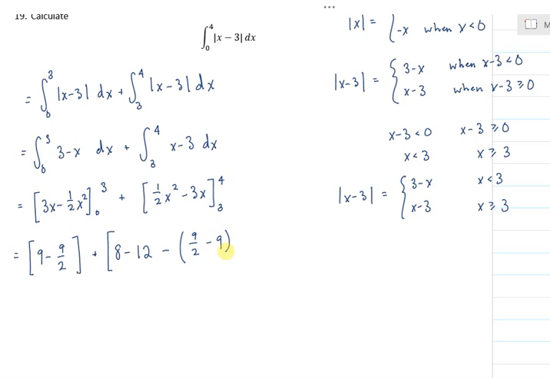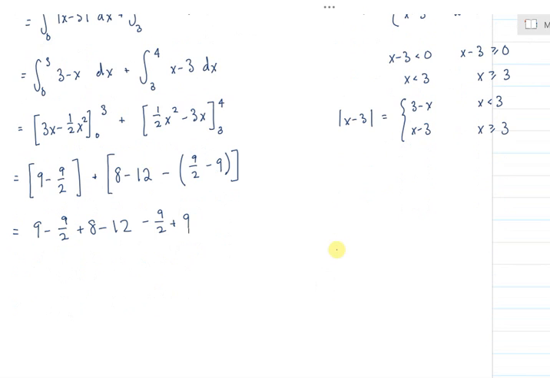Minus 9. So overall, I have 9 minus 9 halves plus 8 minus 12 minus 9 halves plus 9. I'm putting this in my calculator. I get 5.